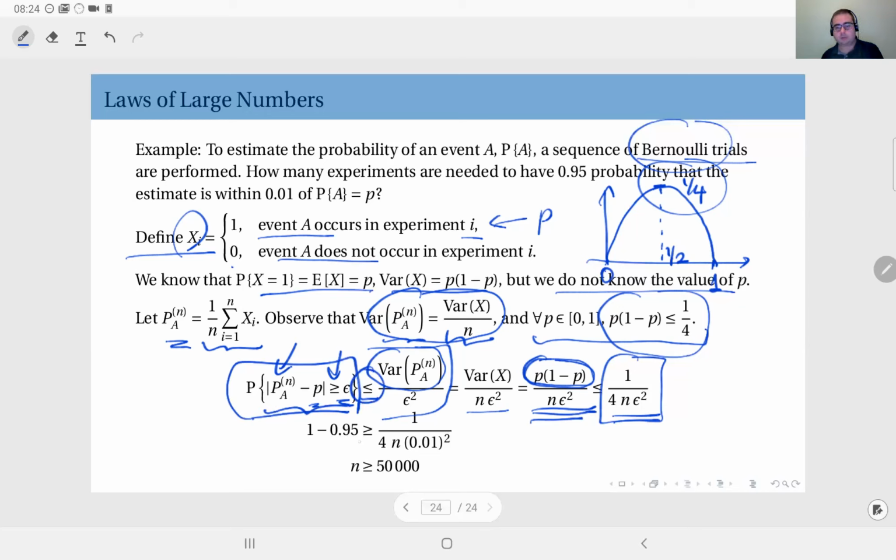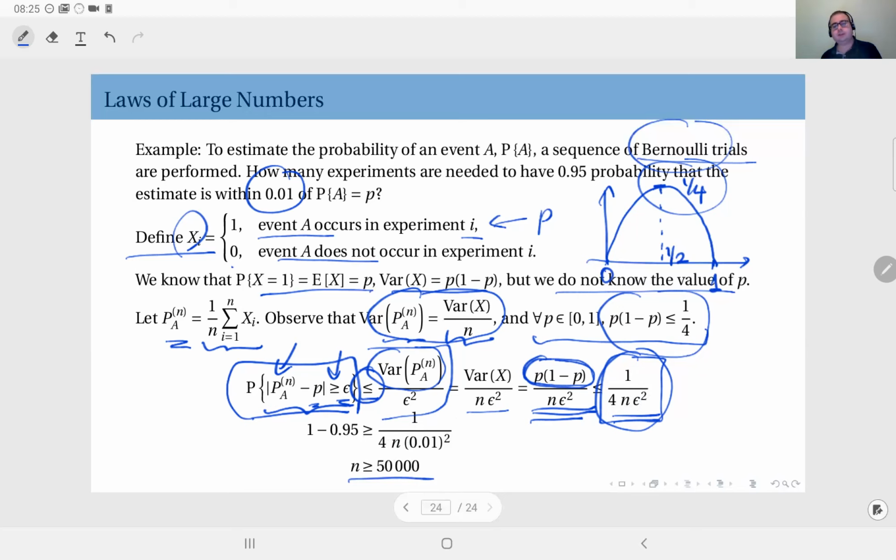This is greater than or equal to this quantity, and that is 1 over 4 times n times epsilon squared. If you plug in the epsilon value, which is given in the question as 0.01, and arrange the terms, you get n greater than or equal to 50,000.